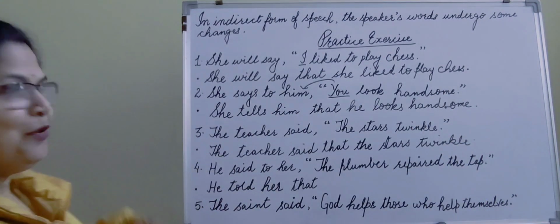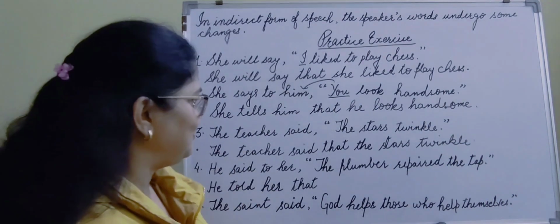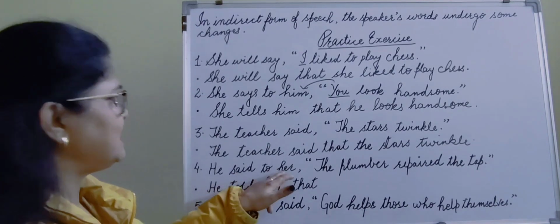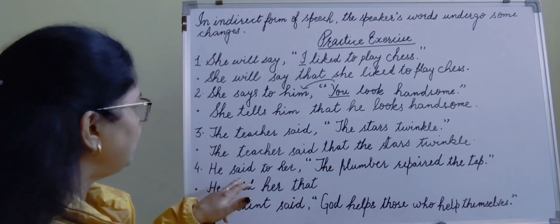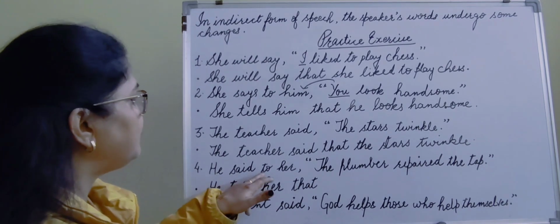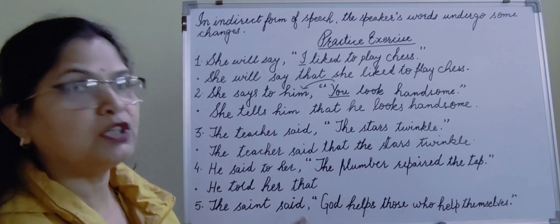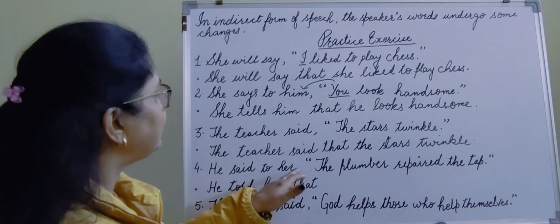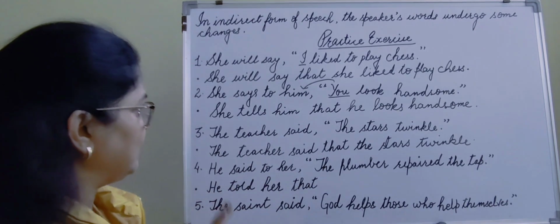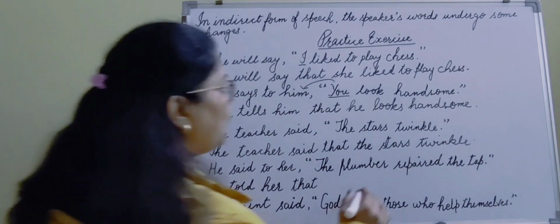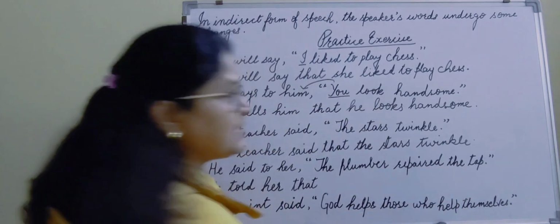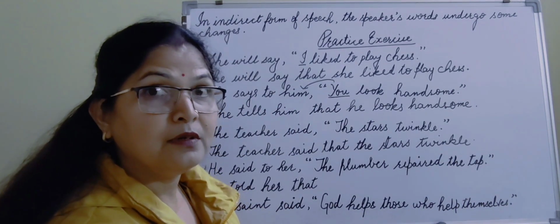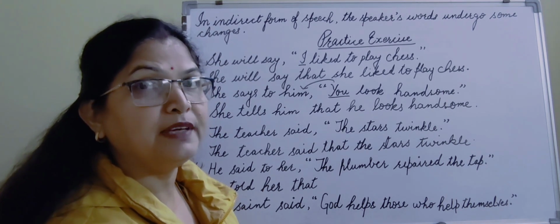Okay. Now, the fourth one. He said to her. He told her. Whenever there is an object, remember what we do? Said is changed into told and we remove to. We do not use to. So, he said to her changes to he told her, and then in place of comma and inverted commas, that. Now you have to check which tense. The plumber repaired. It is in simple past tense, and simple past tense changes to past perfect.